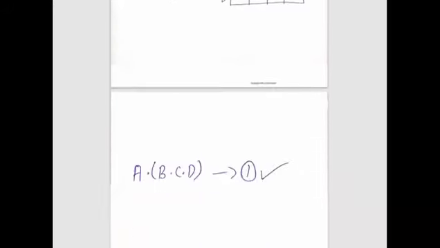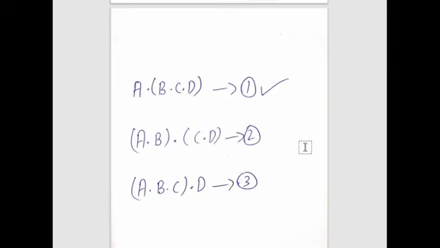Now let us again discuss the possibilities of the parenthesization of multiplying all the matrices using dynamic programming. Either we can take the first matrix on the left side and other three matrices on the other side. We can multiply the first two matrices and then multiply the other two matrices and then multiply the results.